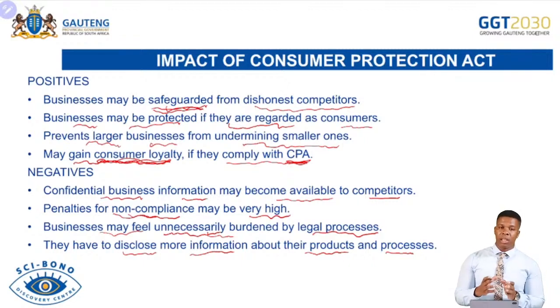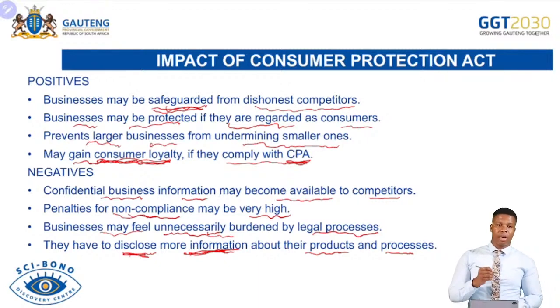Chicken Licken tries to come up with their own spices, but it cannot get to the spice that is being used by KFC. So I would say this can be a negative if KFC would be asked to disclose the spice they use, which would be information that can be used by Chicken Licken to come up with the same product and fight, because they are in competition and are among the leading businesses in the fried chicken industry.